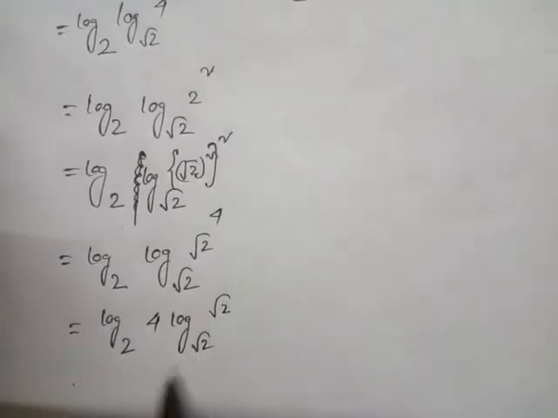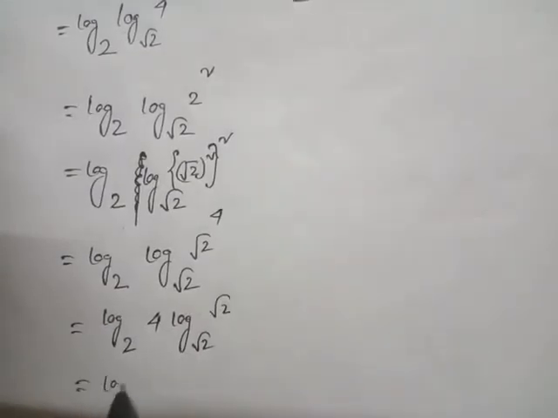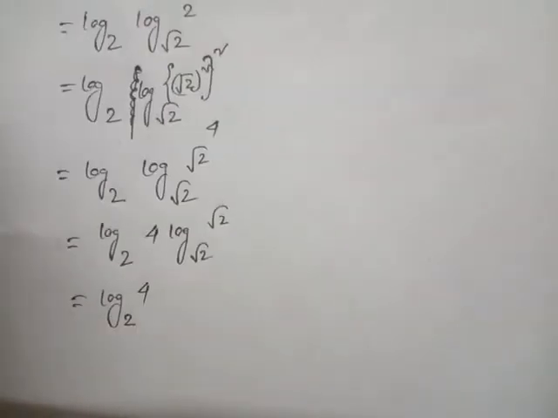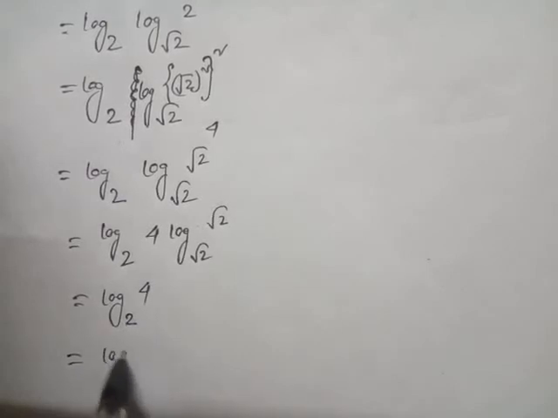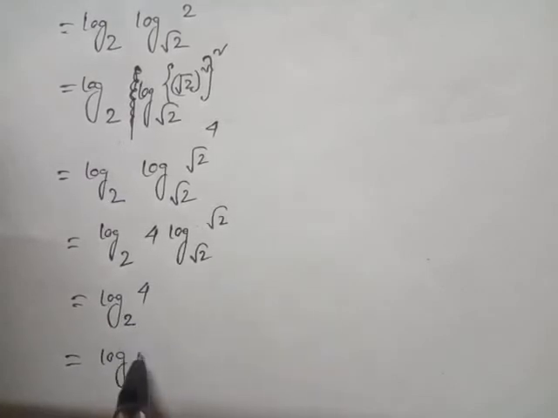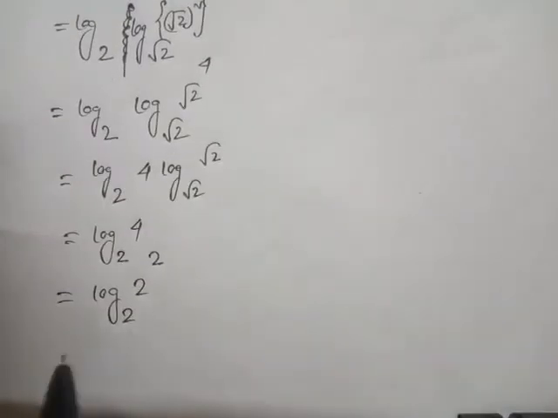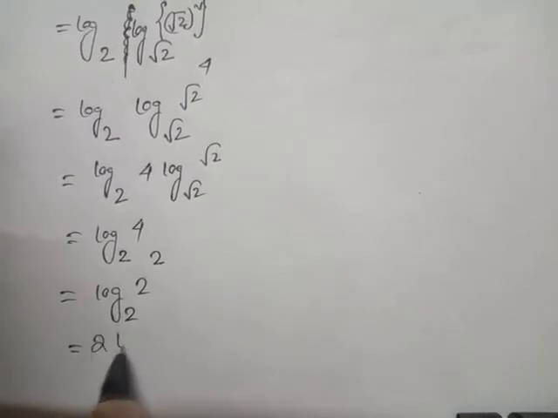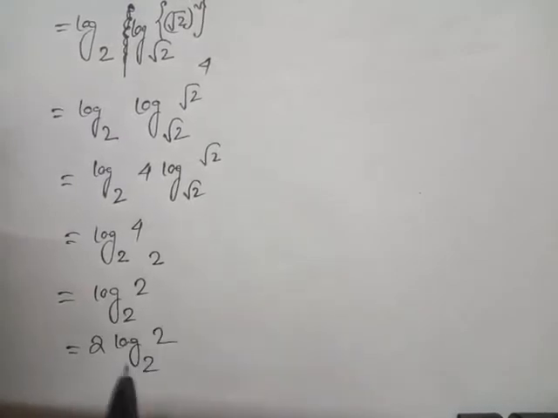So here next step log base 2 and 4. Now last one, then again this log base 2 and 4 can be written 2 square, 2 will come down on that side, so I am writing here now, 2 will be here, log base 2 of 2, which means the answer equals 1, so the answer is 2 only.